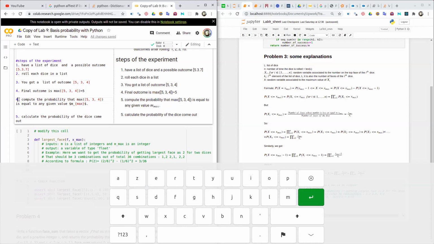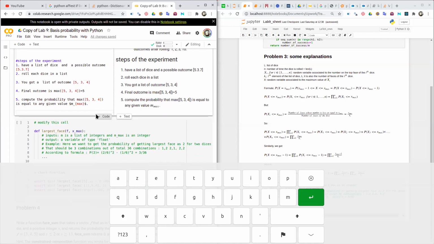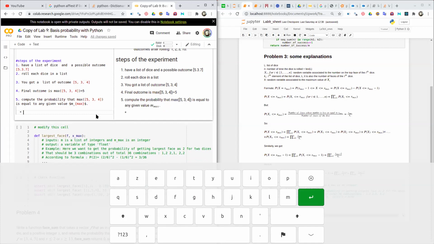Okay, so in step 5, compute the probability that max is equal to any given value. So I get the max value of the list, and then I find out whether the 5 belongs to which of the list above, right? But you don't have to compute it.